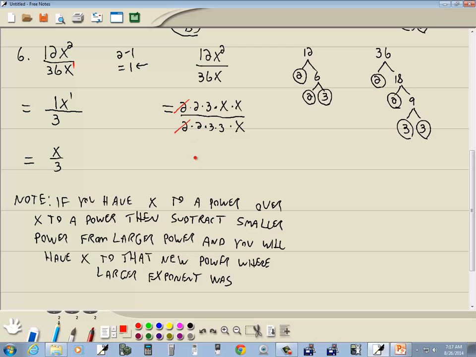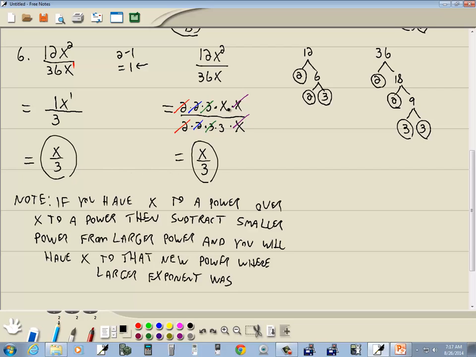So here's a 2, here's a 2. We'll cancel. Here's a 2, here's a 2. Those are going to cancel. Here's a 3, here's a 3. Those are going to cancel. And here's an x, and here's an x. So those are going to cancel. So that's what we have left. We have an x on top and a 3 down below. And you see it gives the same answer as that did.